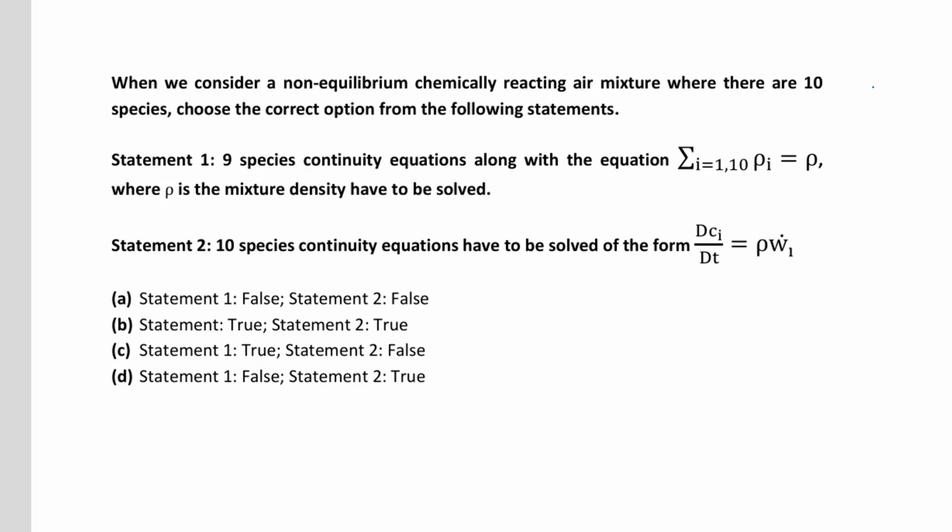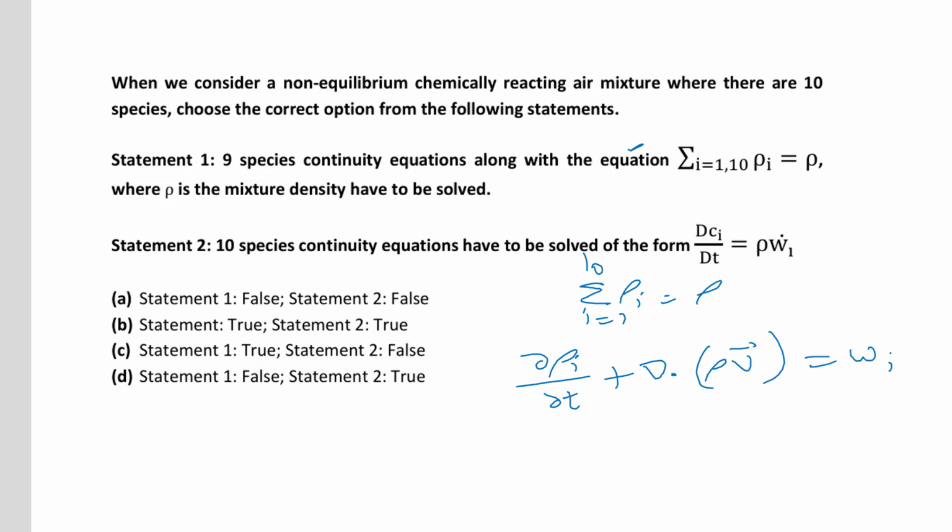So statement 1 says that. So what will be the correct answer for this? Okay, we'll see what will be the answer. So statement 1 says that we have to solve 10 equations in which one is sigma i equal to 1 to 10, rho i equal to rho, and the others are dou rho i upon dou t plus del dot rho i v vector equal to w i dot.